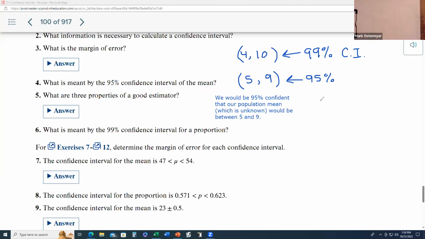And suppose that I also built a 90% confidence interval. Suppose my 90% confidence interval is like this.